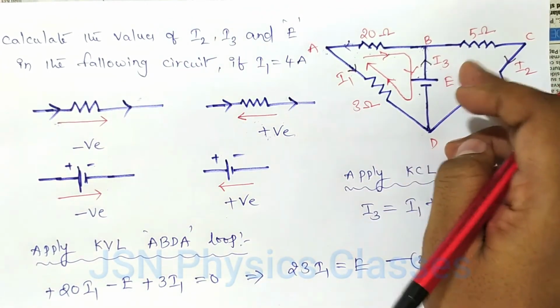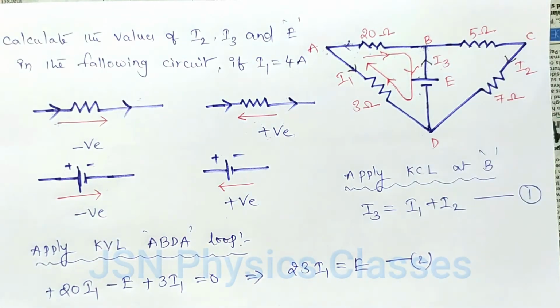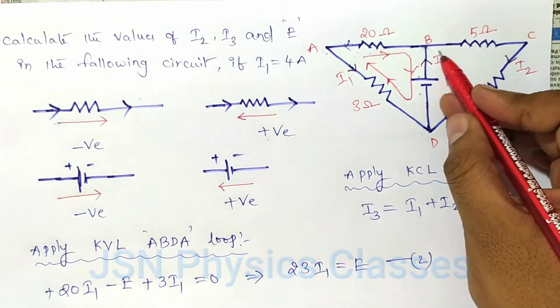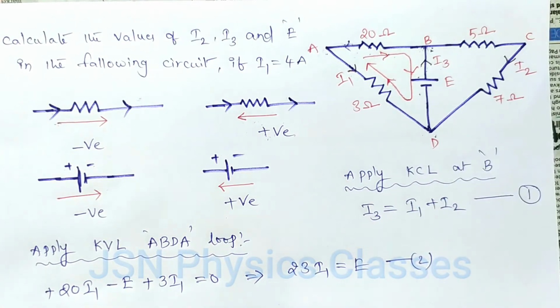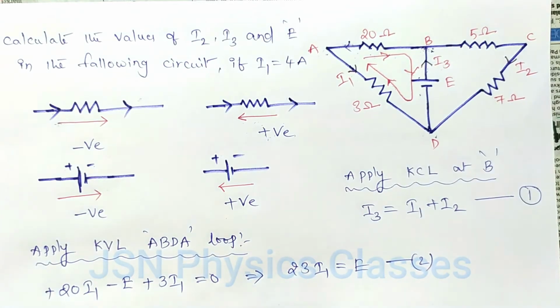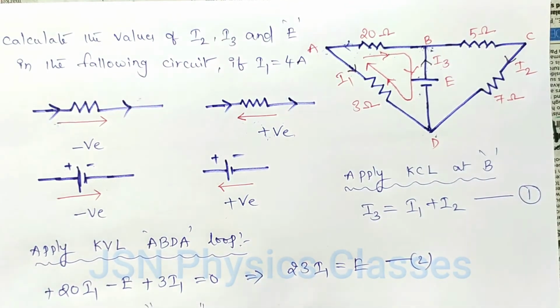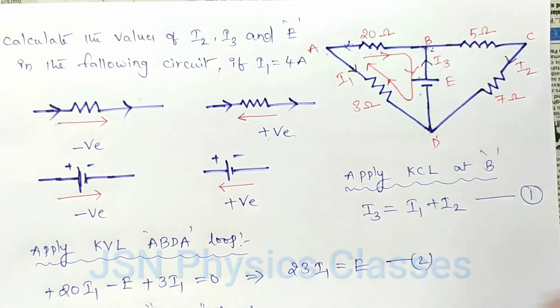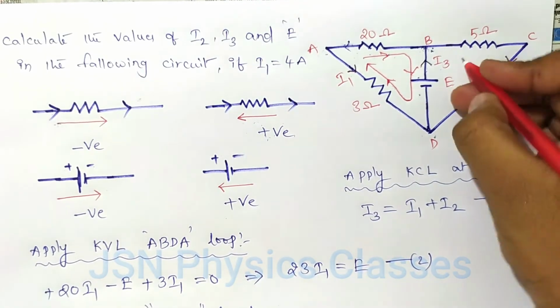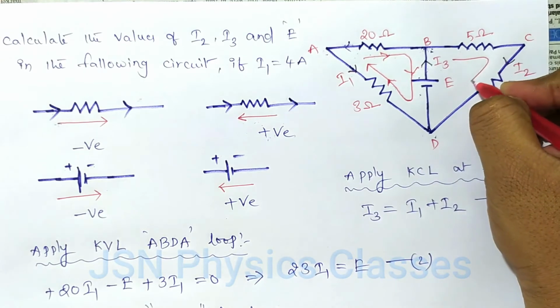Similarly, apply KVL for the loop B, C, D, B. This is the loop direction.